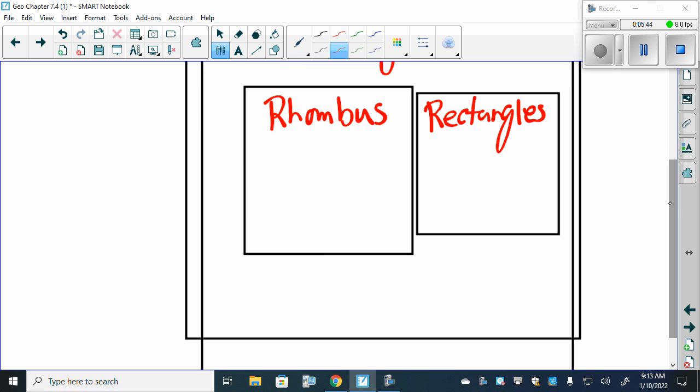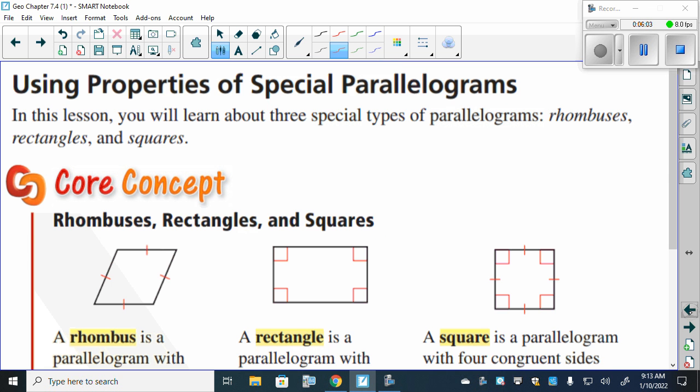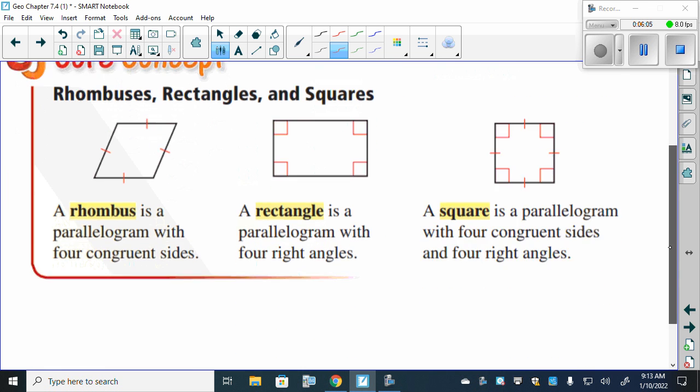Now, square is special because what is a square? Four congruent sides and four right angles. So can a square be a rhombus? Because what is a rhombus? Four congruent sides.